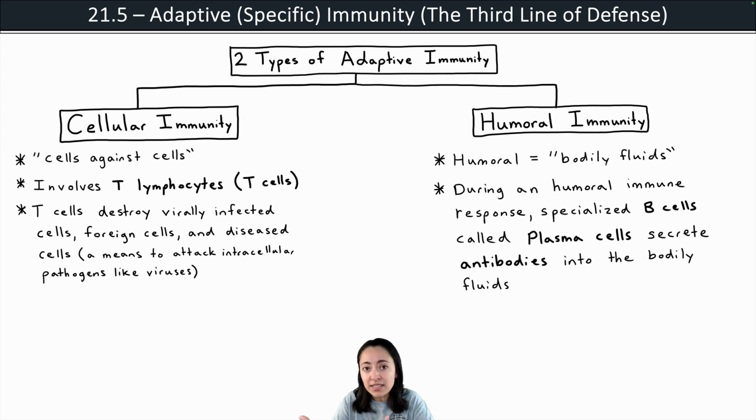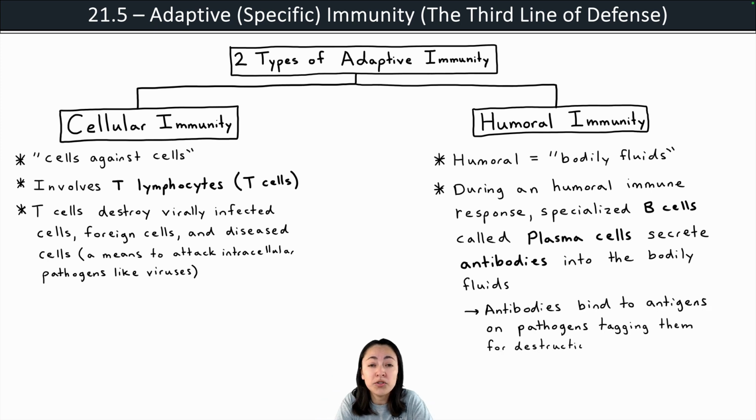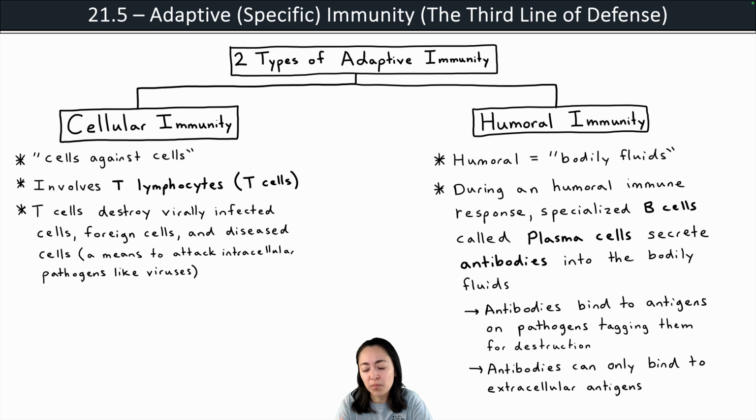Antibodies are proteins that can bind to proteins on pathogens and help our body identify those. Antibodies bind to these proteins known as antigens on the pathogens, therefore tagging them for destruction. Antibodies can only bind to extracellular antigens. So if those antigens were present within a cell, the antibodies would not be able to bind to them.